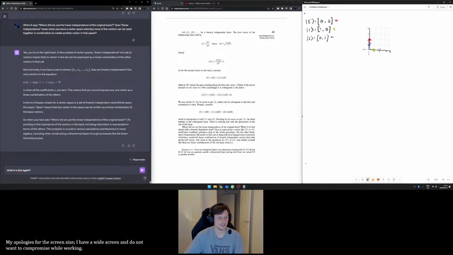It's a set of linearly independent vectors that spans the space. A basis is a set, like a collection or a bucket, of vectors in a vector space that, when combined with each other, cannot make another of those bases in the set.